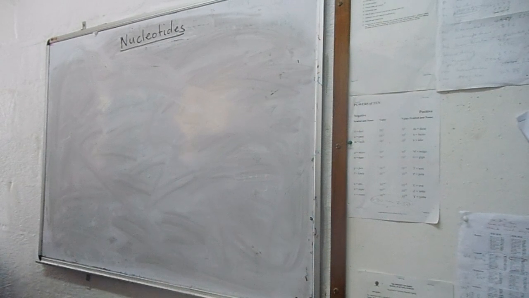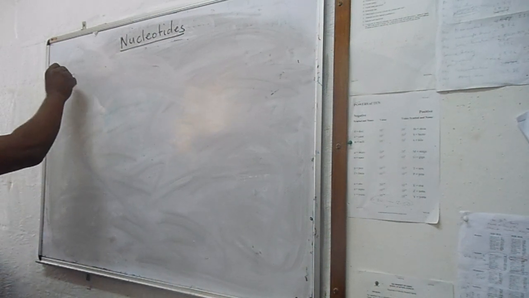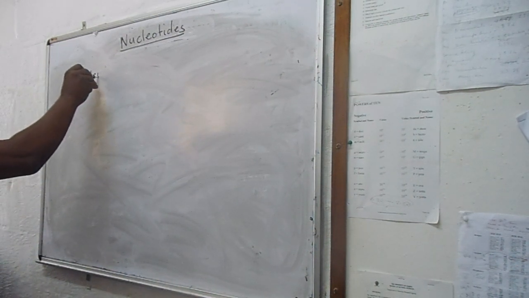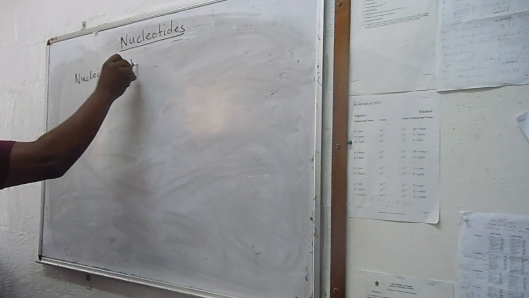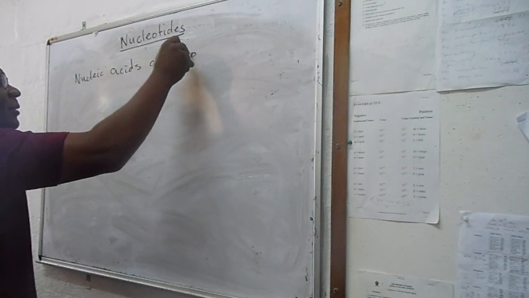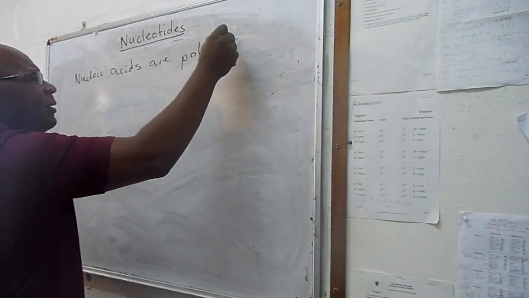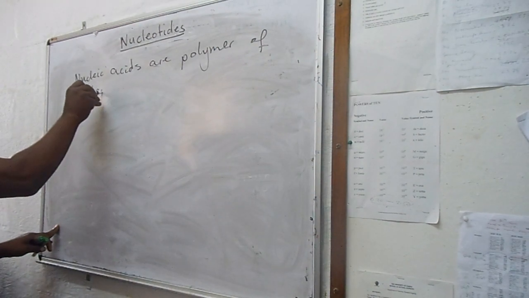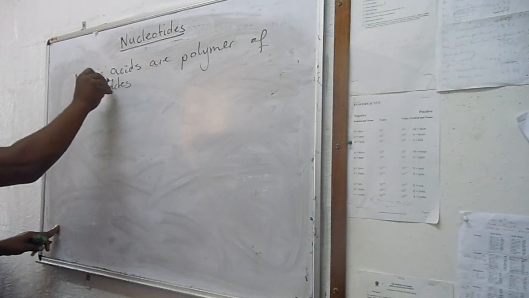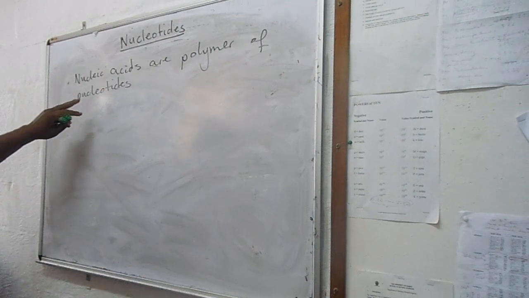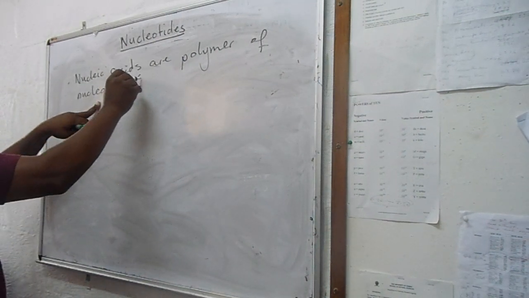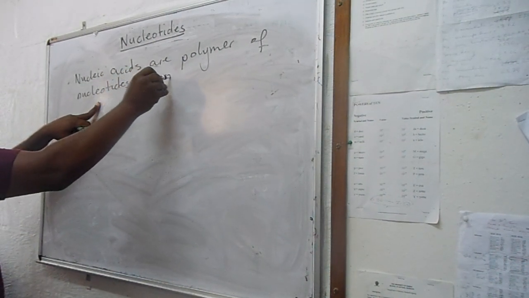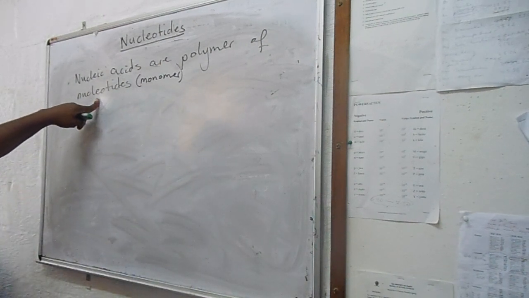Remember where we are coming from. From the introduction, I said that nucleic acids are polymers of nucleotides. So at this point in time, we have looked at the monomers of nucleic acid, which are the nucleotides.